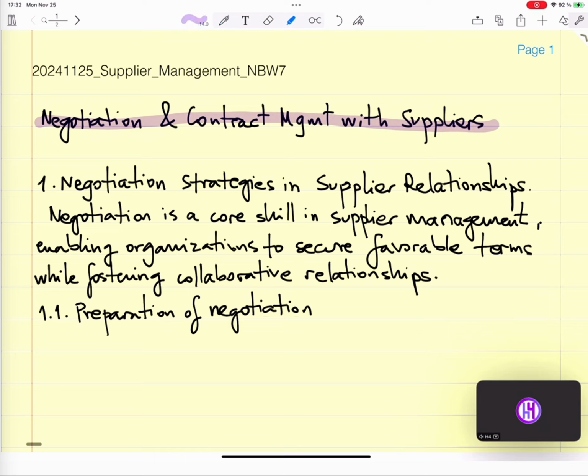This is the most relevant aspect, I guess. The preparation is key when dealing with suppliers. For any negotiation, the first thing is you need to understand your objectives.